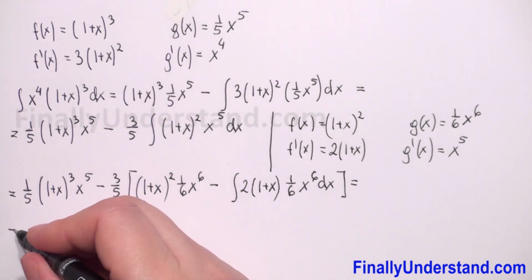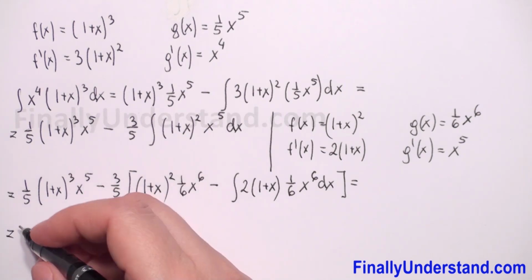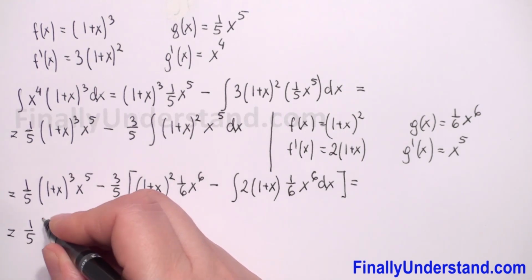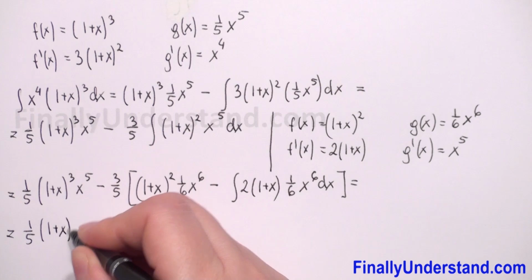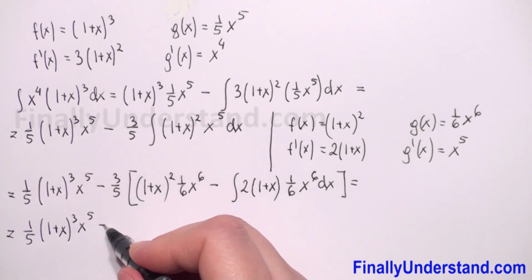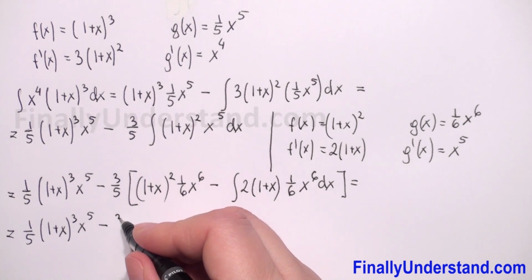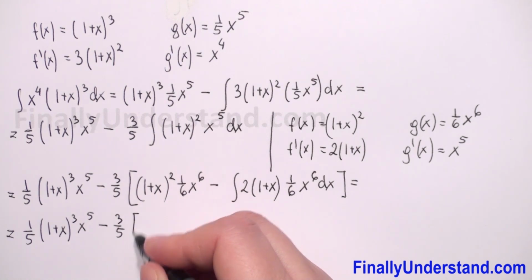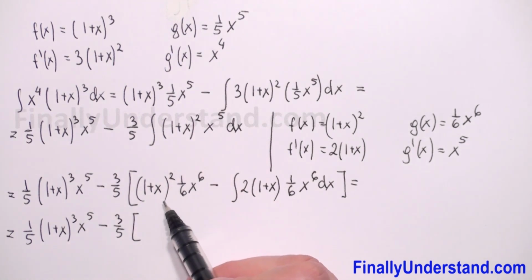So now the beginning we need to copy: 1 over 5, (1 plus x) cubed, x to the 5th power minus, and let me copy first 3 over 5, and in brackets we can do simplification.